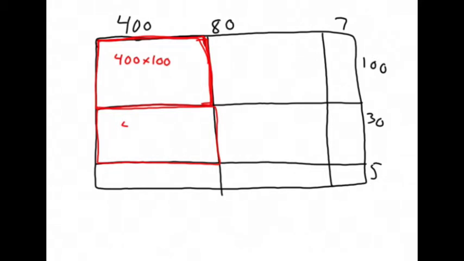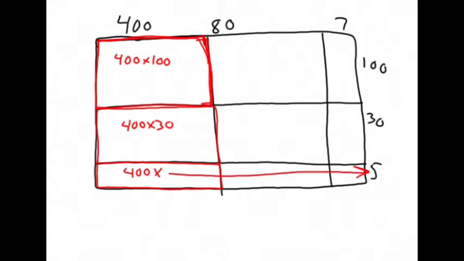So it's 400 times 30 inside of this rectangle. And then over here, I know that it's 400 across the top times, look to the side, 5. So this must be a 400 by 5 rectangle.